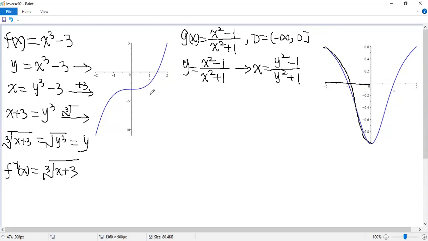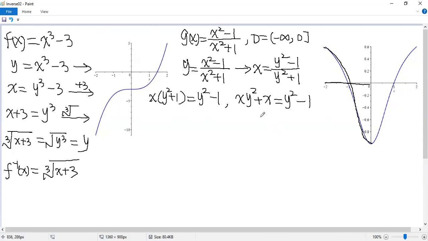So we get x times (y squared plus 1) equals y squared minus 1. Then we expand the left side. So we get x y squared plus x equals y squared minus 1.